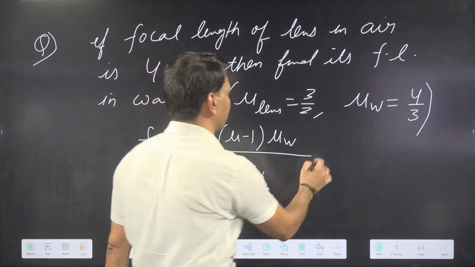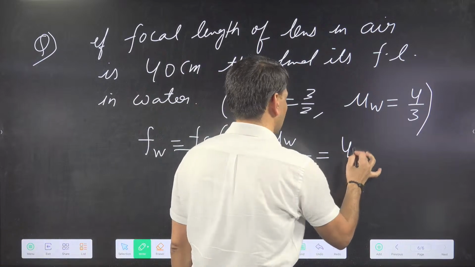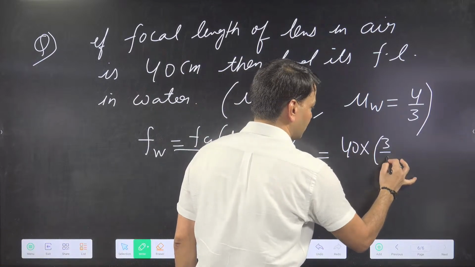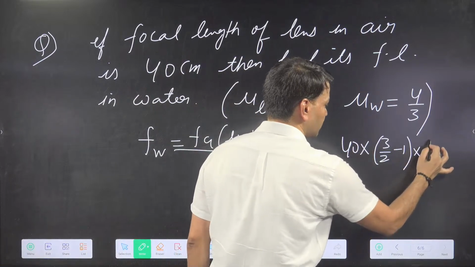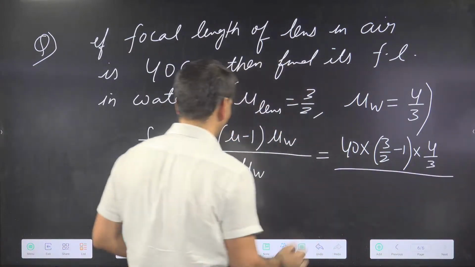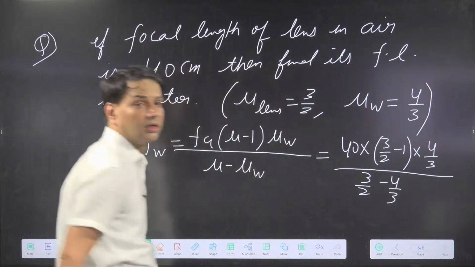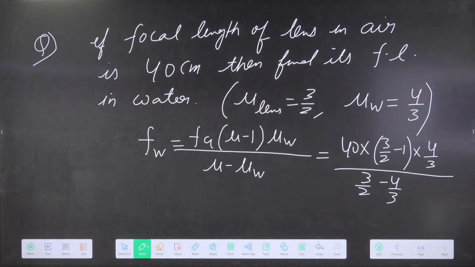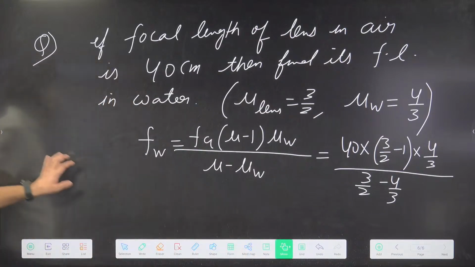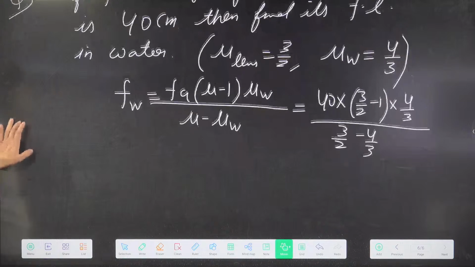Fa they have given is equal to 40. Mu minus 1 means 3/2 minus 1. Mu W is 4/3 upon mu minus mu W, 3/2 minus 4/3. Anybody got the answer? What is the answer?